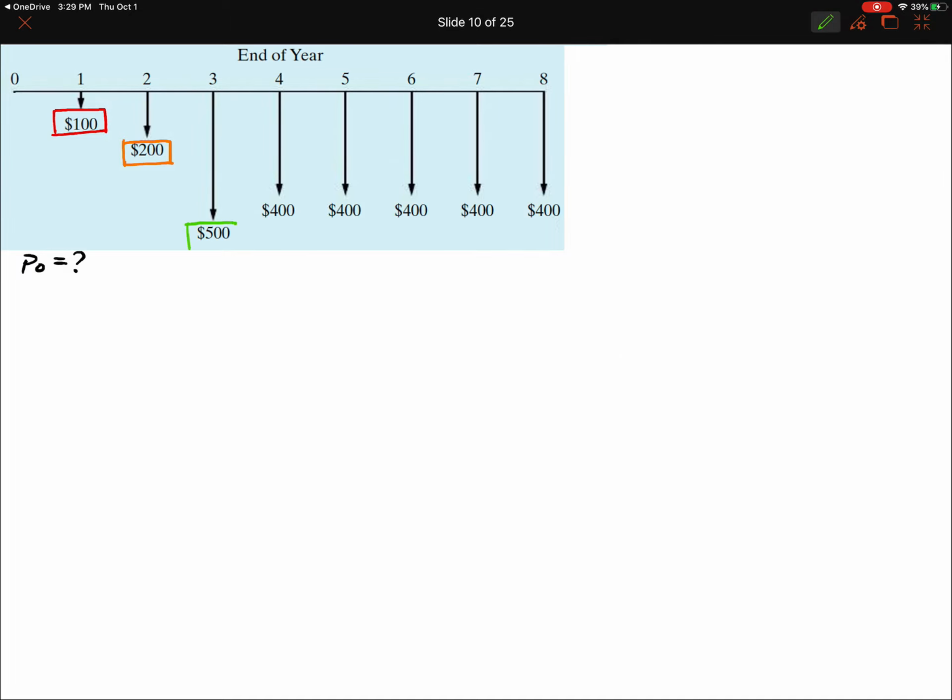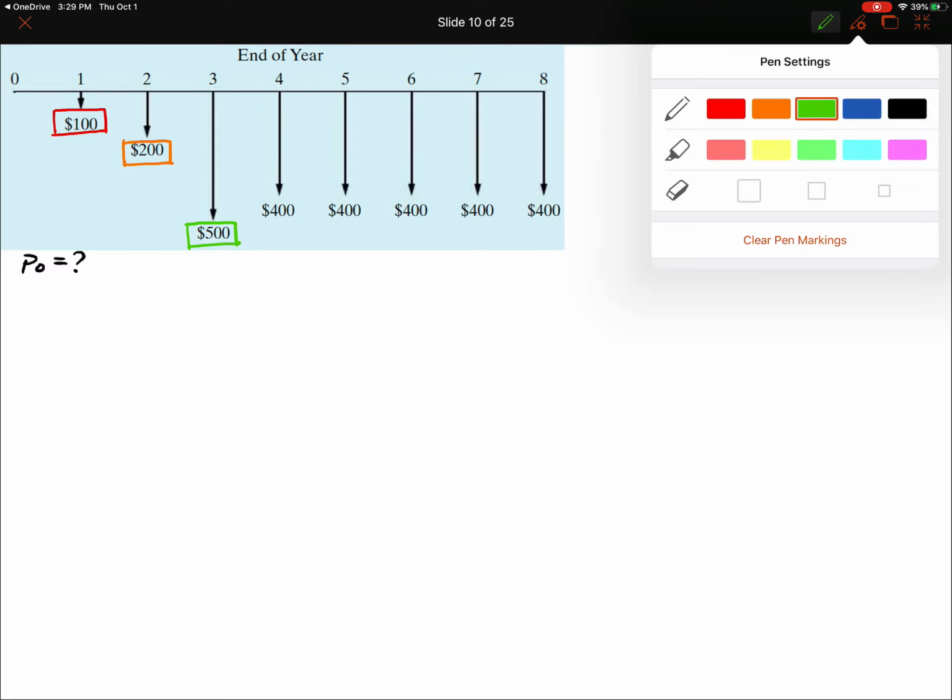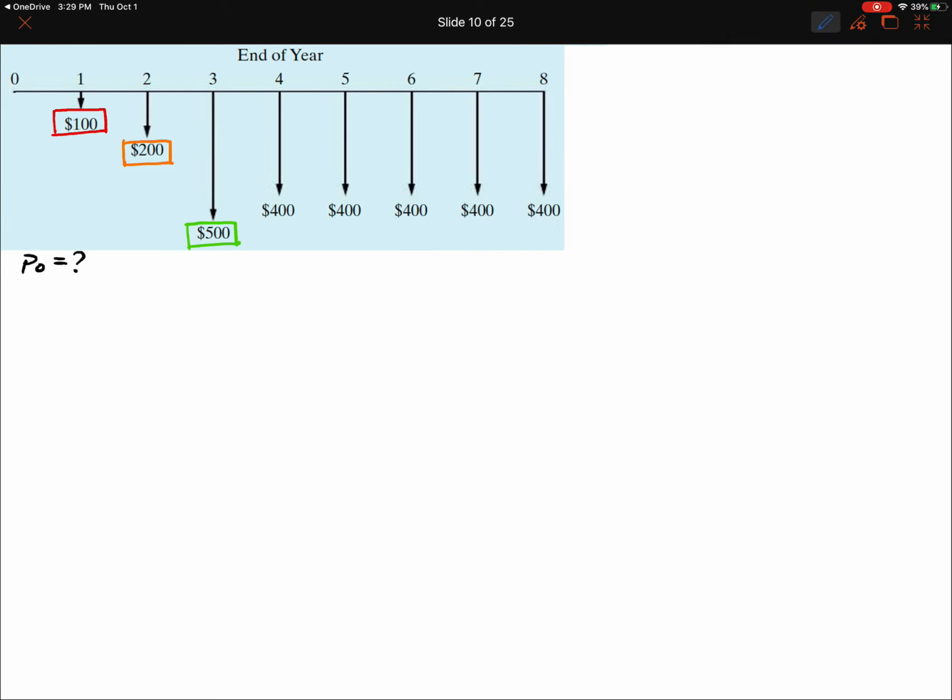We have 200 at the end of the second year. We have 500 at the end of the third year. Although there are some future values, they're different amounts. So you have to convert them differently, okay? So we label them as different types of cash flows. And then you have all these annuities.